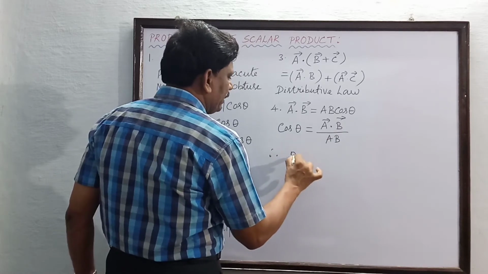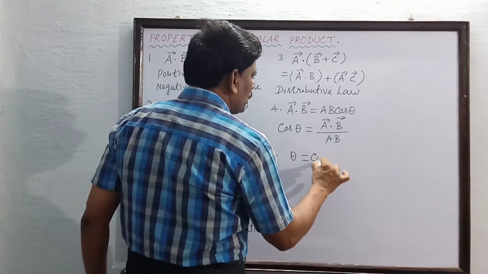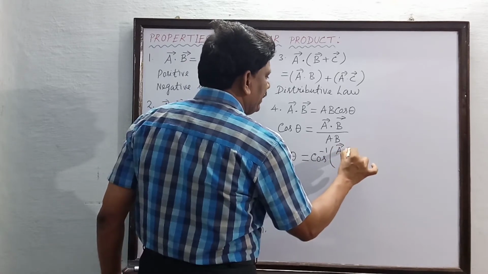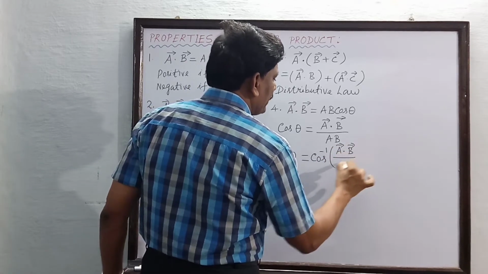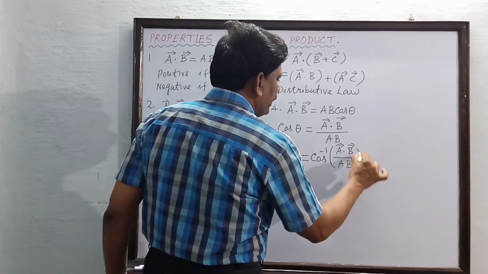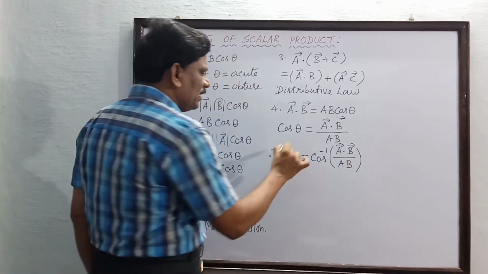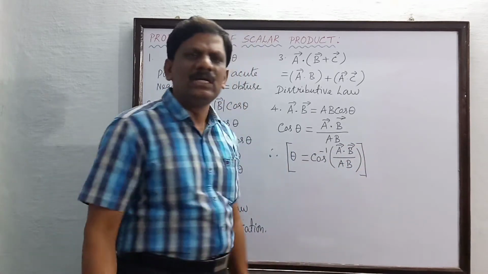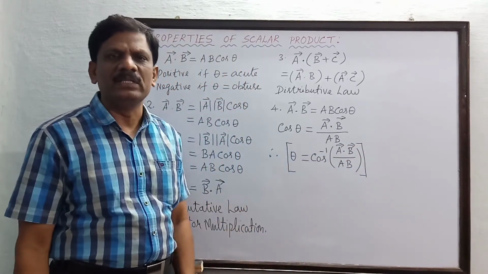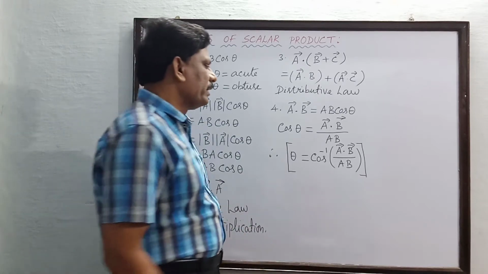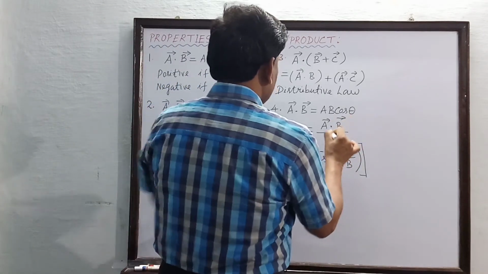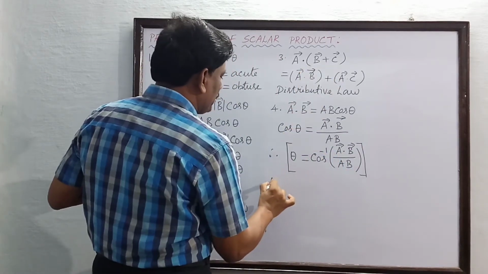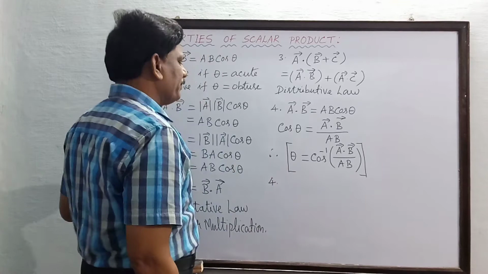Therefore the angle theta is equal to cos inverse of vector A dot B divided by A into B. So this is an expression to measure the angle between the two vectors. This is the fourth property.